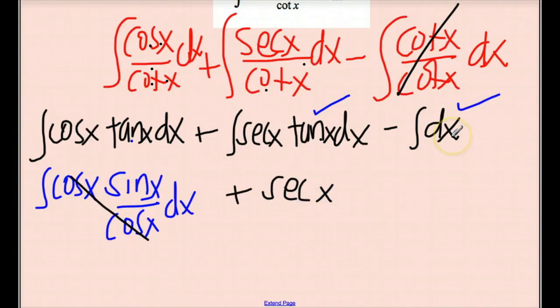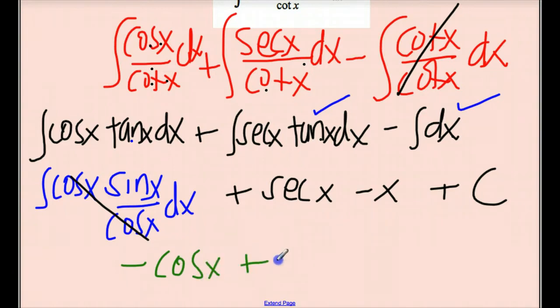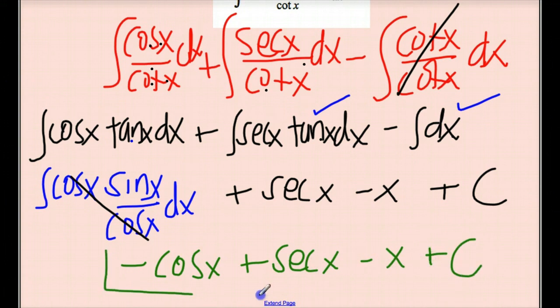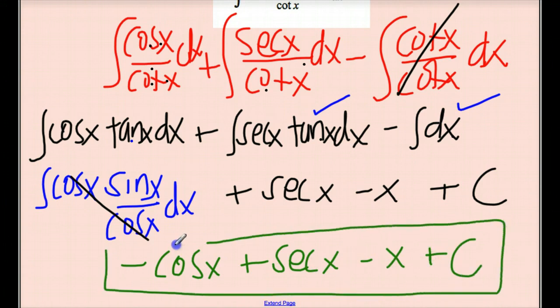And I also know my integral for this, which is an x. I'm going to add my plus c at the end so I don't forget it. And finally, all I need to do is take the integral of the sine of x. So we know that the integral of sine of x is negative cosine of x. And I'm going to bring everything down to get our final answer. And that's how you do your trig identities.